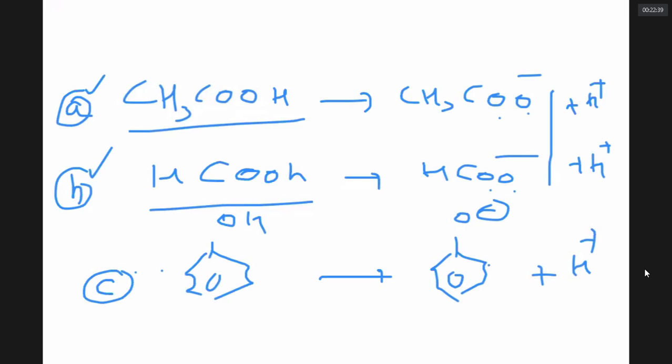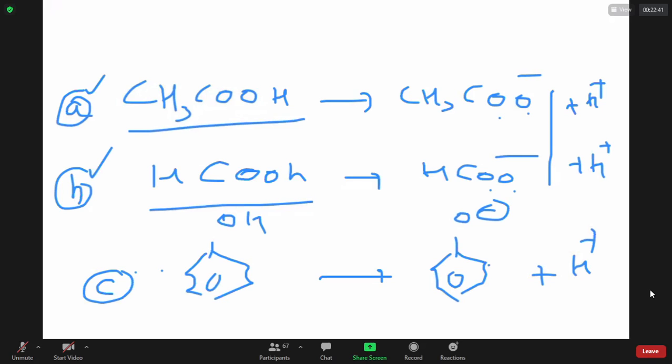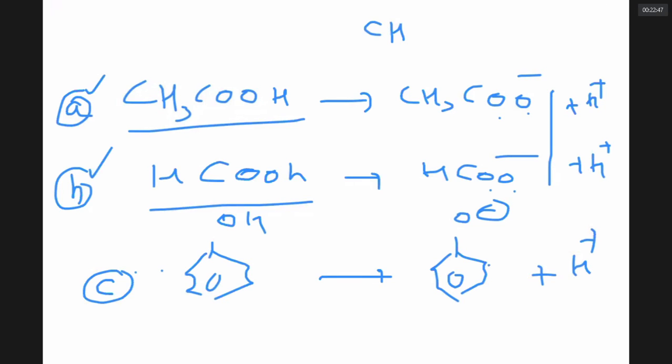Now in these two, A and B, which is the better acid? Notice both carboxylate ions are resonance stabilized, but in the acetate ion, the methyl group is electron releasing by inductive effect. Because it is releasing electrons, the negative charge burden is increasing. In the formate ion, there is no such problem because hydrogen is neither electron releasing nor electron withdrawing.